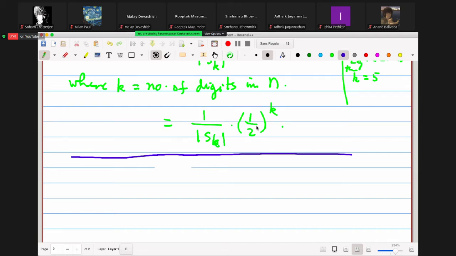It is not zero, so you just count the number of digits. So you can say what this k is: k is the unique number which satisfies the property 10 power k is less than or equal to n, strictly less than 10 power k plus 1. That's it.